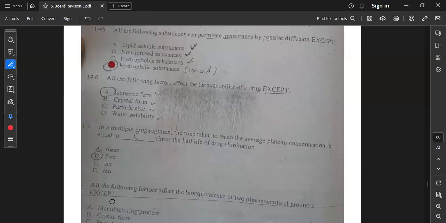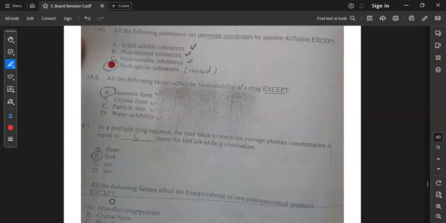I don't know about isomeric. I think it's the other way around, guys. Oh, it's the other way around. Amorphous is better. Okay, so hence choice A. I think isomerism will affect the activity of a drug. Like with thalidomide, one isomer is active and toxic, while the other is safe and inactive, something like that.